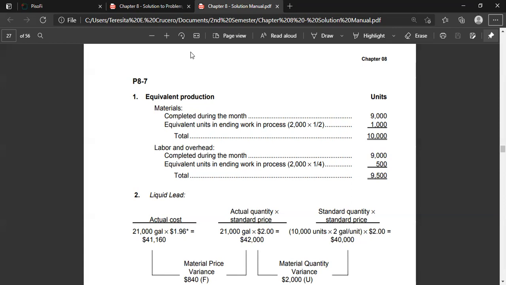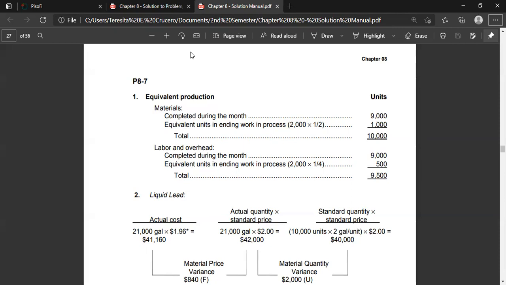So we now begin with requirement number 1, the equivalent production. For materials, we have completed during the month 9,000 units. Then we have the ending work in process 2,000, and we have the total of 10,000 units.